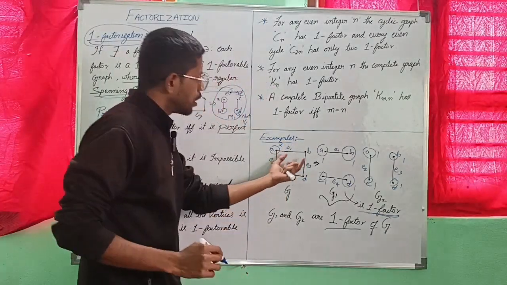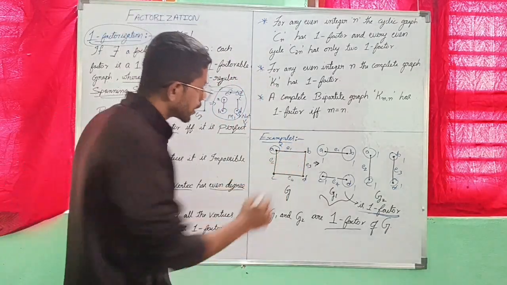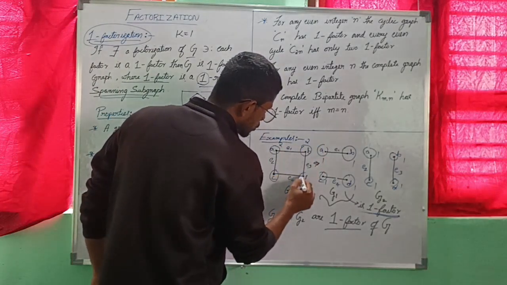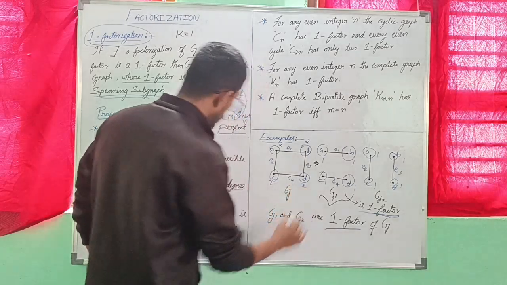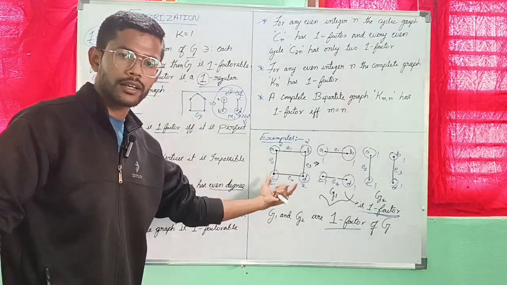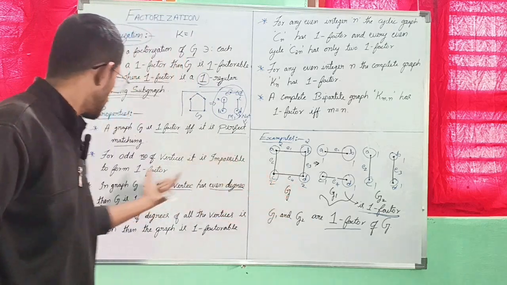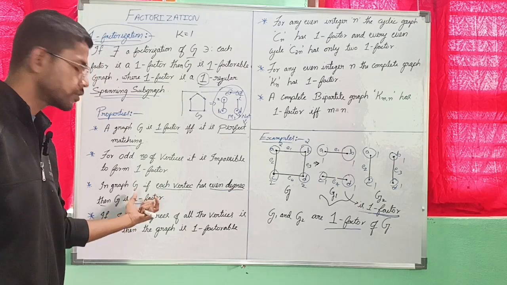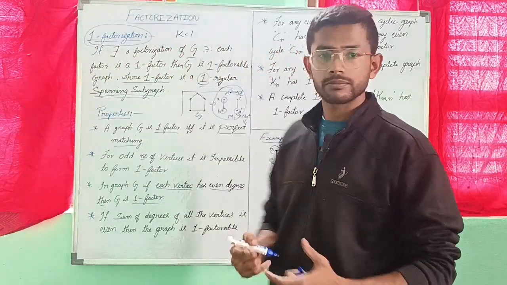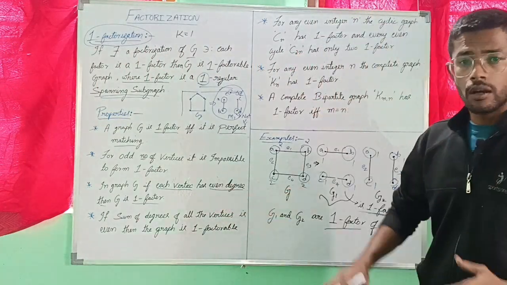What is the degree of vertex B? It is also 2, and the degrees of vertices C and D are also 2. So when we have even degree at every vertex in graph G, then it forms the one factor. Do you understand? This is the third property.